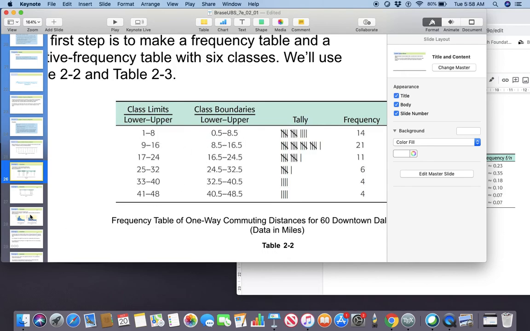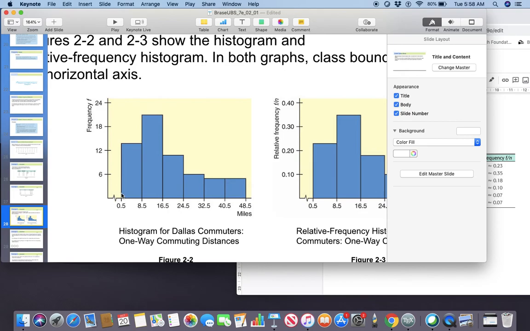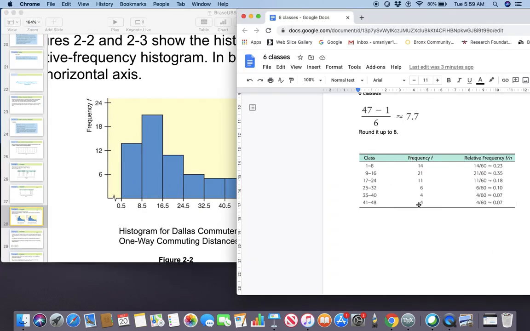Why do we do that? We do that so that the rectangles that we draw actually touch each other. So for each class, you have a certain boundary, a little wider than the actual class, and then you draw for the height given by the frequency.